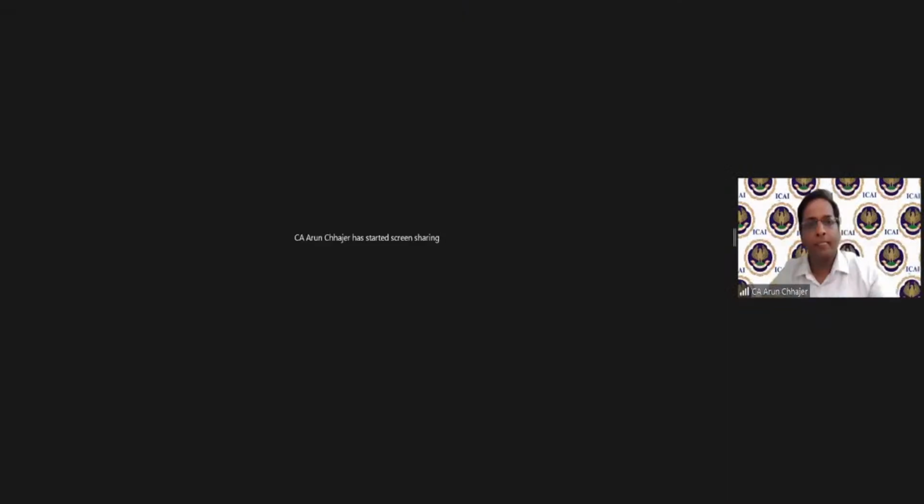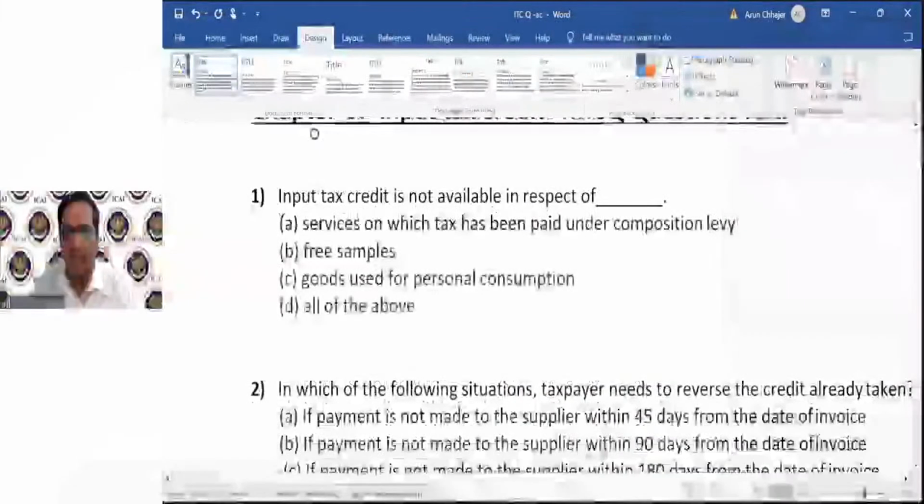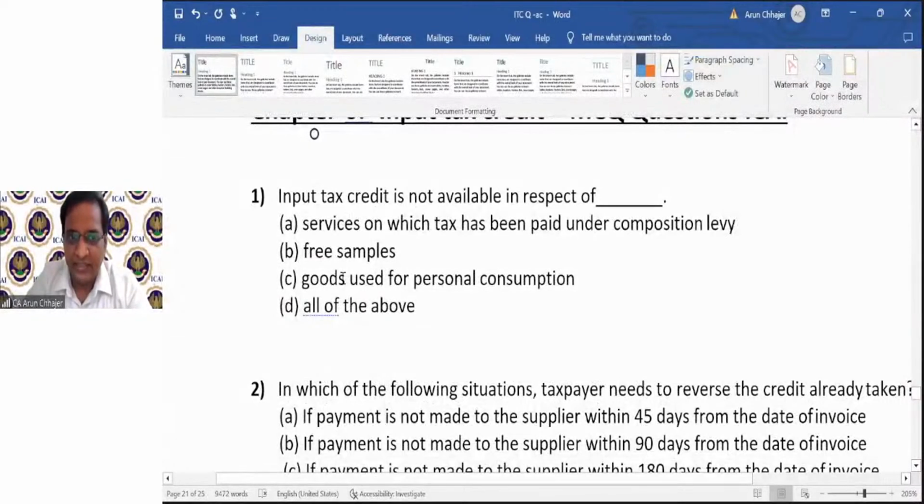Let's start with MCQ. First, I will ask 15 or 20 MCQ, approximately 19-20 MCQ. ठीक है. Input tax credit is not available in respect of: service on which tax is paid under composition levy, free sample, goods used for personal consumption, or all of the above.